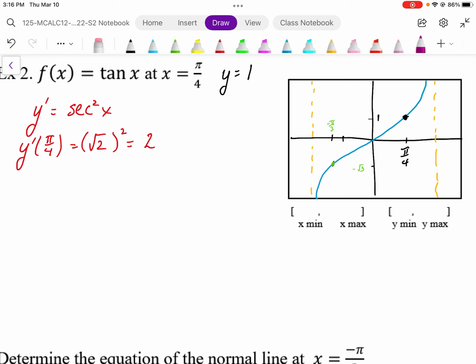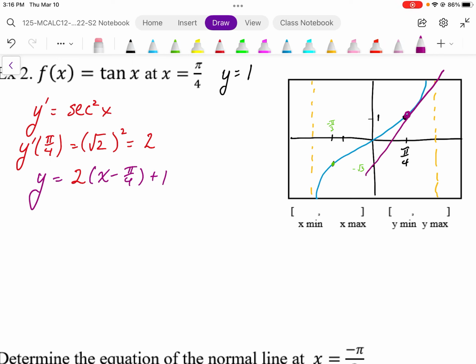The equation of the tangent line is y is equal to the slope 2, and the coordinate is x is, sorry, not 1, x is pi over 4, and y is 1. So that's the equation of my tangent line. It's going to be a slope of 2 cutting through there.